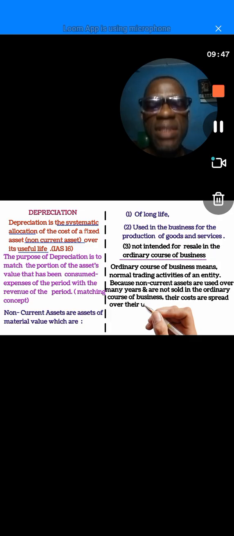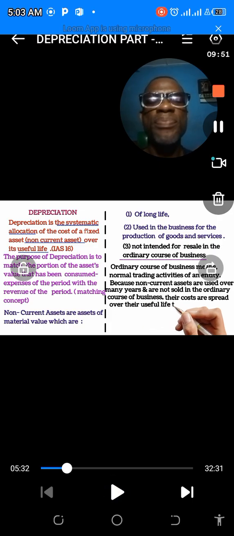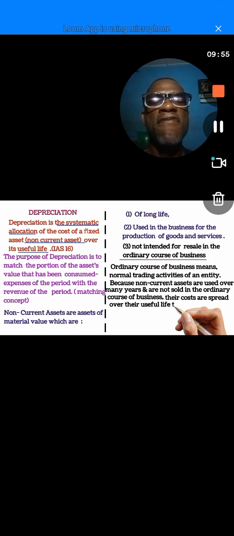For instance, a business dealing on selling vehicles. The vehicles in the showroom that are meant to be sold are not non-current assets. They are inventories. But the building, the premises owned by the business, is a non-current asset.